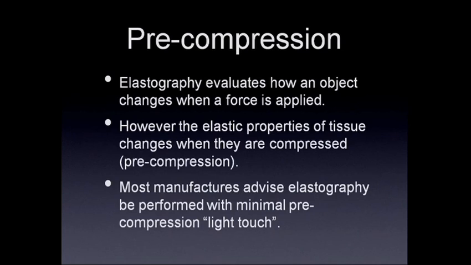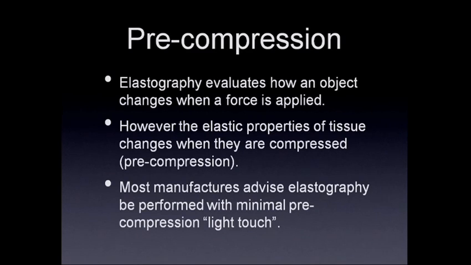But the elasticity properties of these tissues change when they're compressed. In other words, if we apply a lot of pressure, it becomes stiffer, and therefore we end up getting inaccurate results. I kind of say this is the heavy hand. If you're doing your breast ultrasound and you're using a heavy hand and pushing on the breast, you're changing the elastic properties and you're making softer tissues hard.